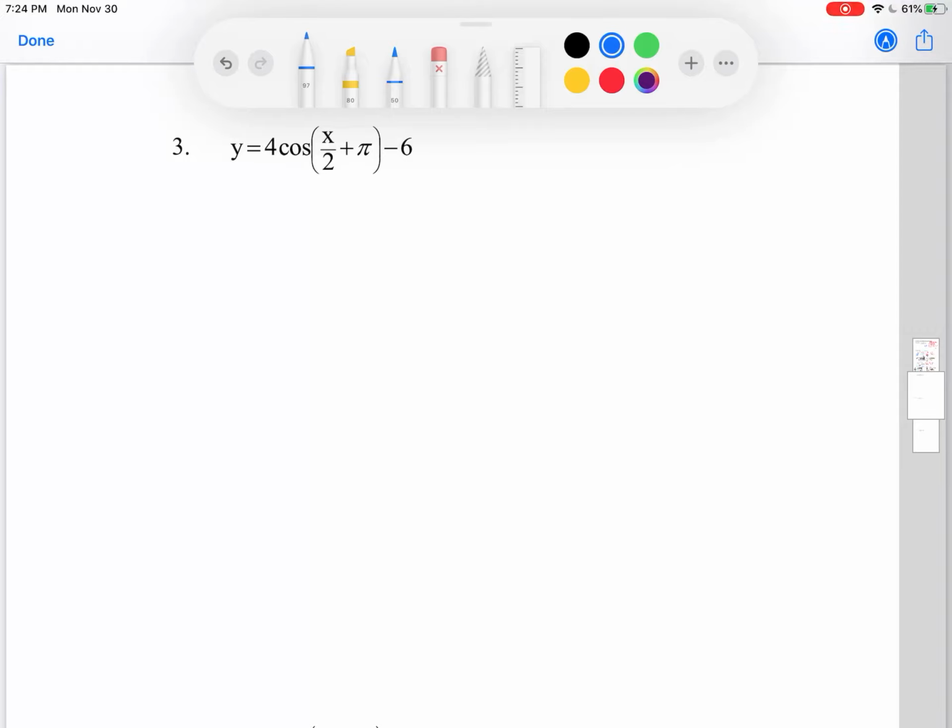So before we factor, what I want you to realize is that this is saying 4 cosine of 1/2 x plus pi minus 6. Okay, that x over 2 is really just 1/2 times x. So that when we go to factor out our b value, we know that we need to take out a 1 over 2, and the x will stay. All right.